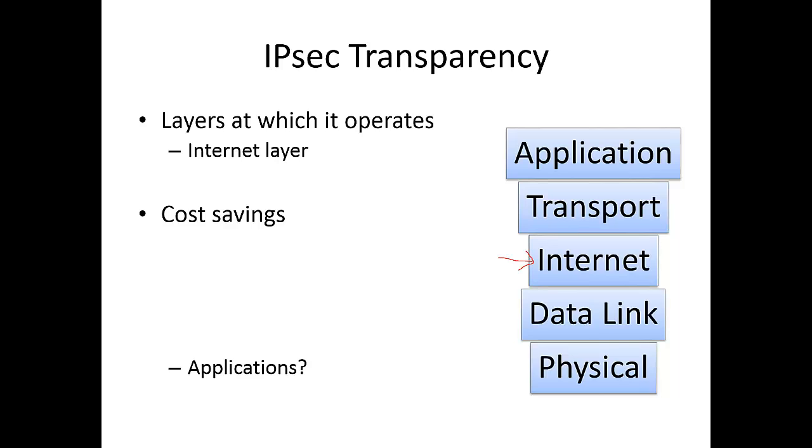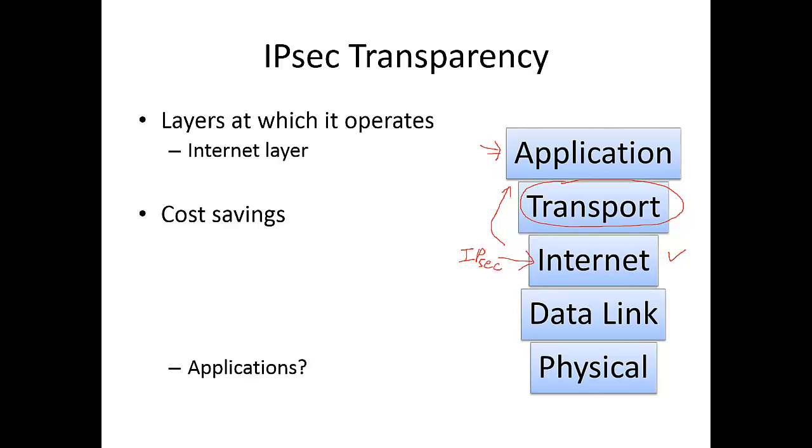And what this really means is that, as you can see, where the application is running, whatever is being done on this internet layer is insulated by the transport layer. So even if you introduce IPsec here at the internet layer, it's really not visible to the application layer at all.